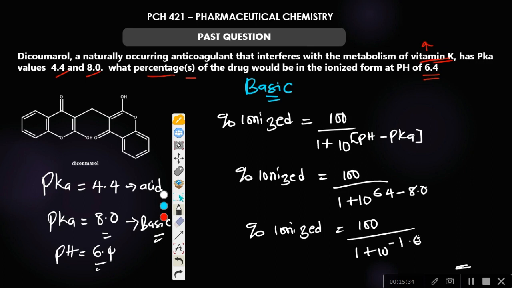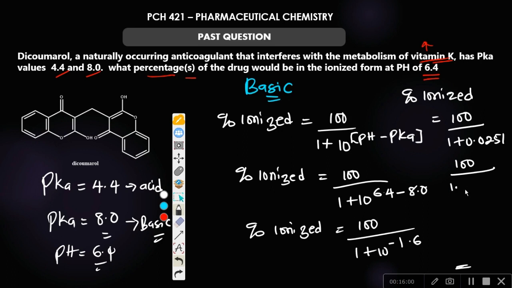So this will be 10 raised to the power of minus 1.6, which is 0.025. So percentage ionized will be 100 divided by 1.0251. You must be very careful of approximation here.